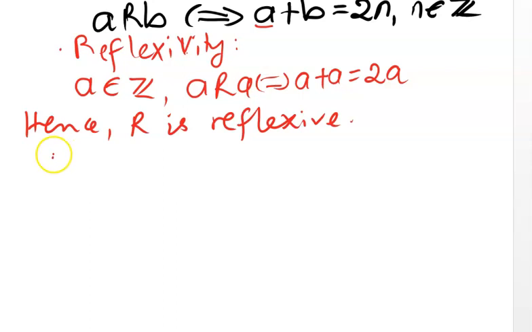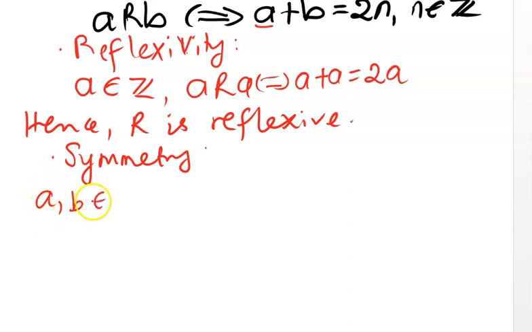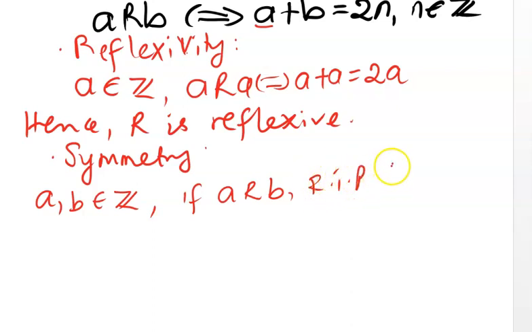Okay. We verify symmetry. Symmetry says: let a, b belong to Z. If a relates to b, we are required to prove that b relates to a.